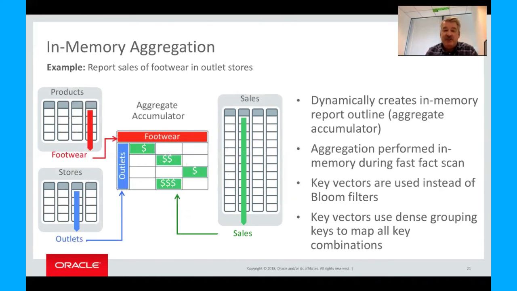The in-memory report accumulator, or that aggregate accumulator pictured there, allows us to do the aggregation during the scan. So by the time we're done with the scan, not only have we done the joins, but we've done the group by as well, the aggregation. And we can return all of that to the invoking query, bringing that row source up into the other parts of the SQL query.